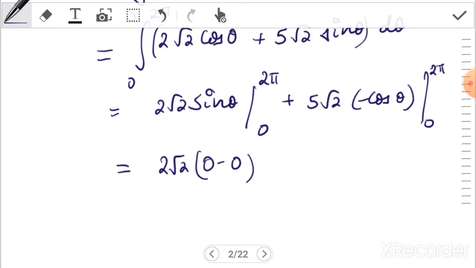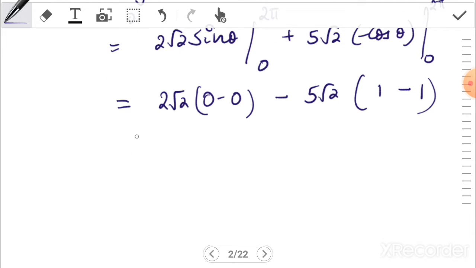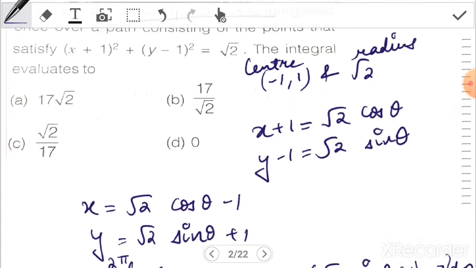And if you take this minus out, 5 root 2 times cos 2 pi is 1 and cos 0 is again 1. So this is 0, right? So now the answer is D.